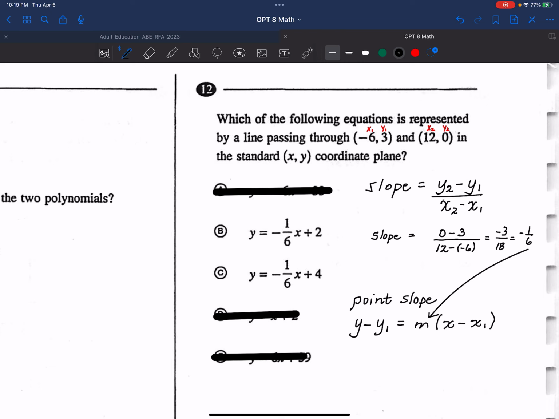So where you see the m, we're going to use that negative 1/6. We're going to use x, and we're going to need to know y1. So I'm just going to go back up there to that point that I used for 1. The y1 was 3. x1, though, was negative 6.